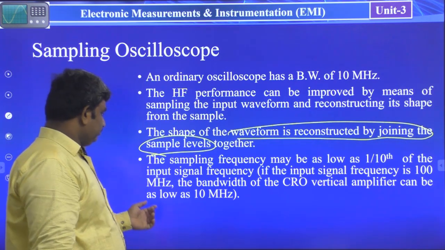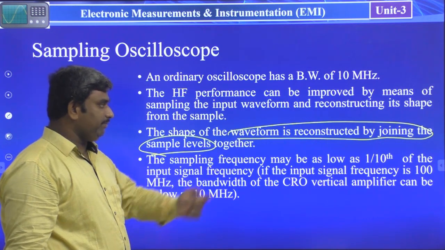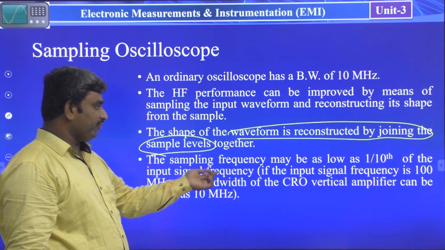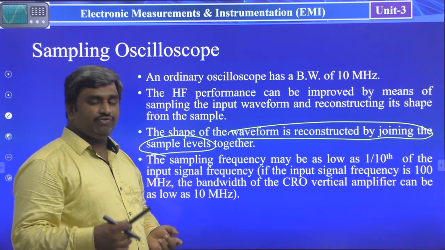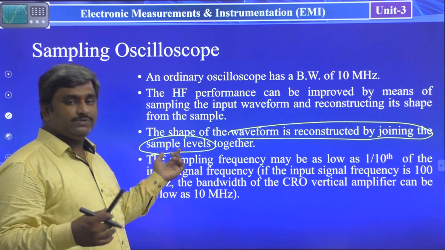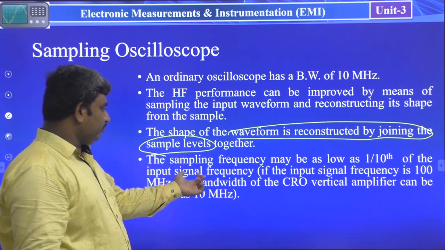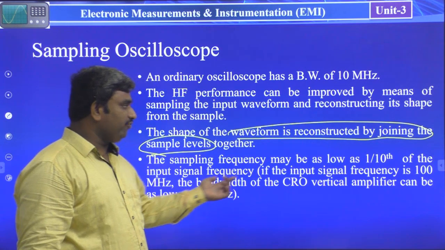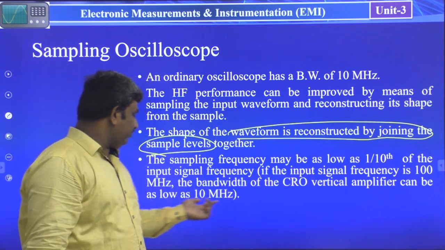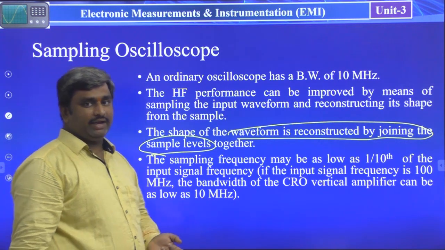new waveform. The sampling frequency may be as low as 1/10 of the input signal frequency. So if the input signal frequency is 100 megahertz, the bandwidth of the CRO vertical amplifier can be as low as 10 megahertz.